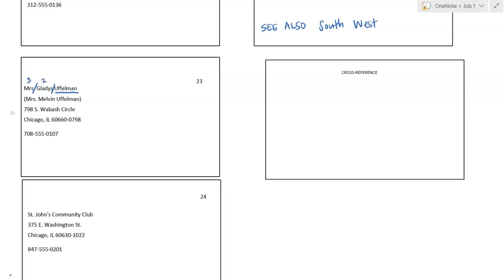My cross-reference is going to be for her alternate name. And so that's going to be Uffelman, Melvin, Mrs. And my C notation is going to be Uffelman, Gladys, Mrs.